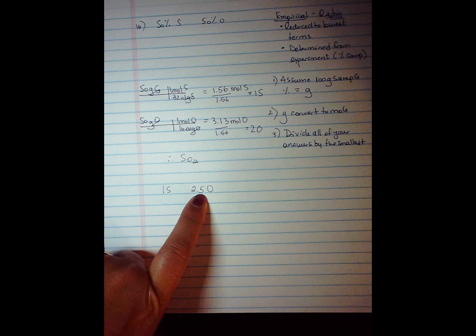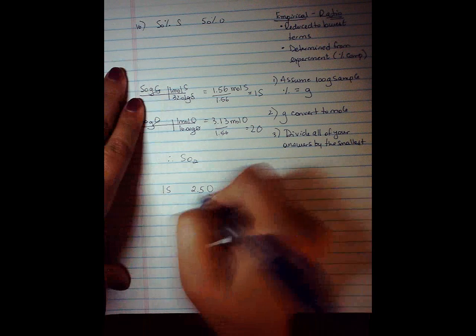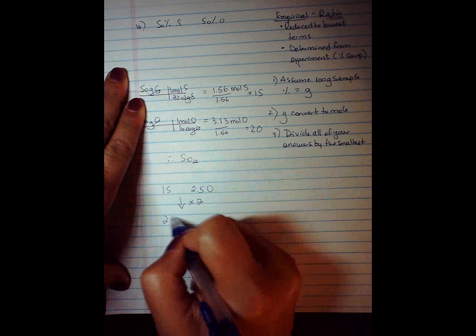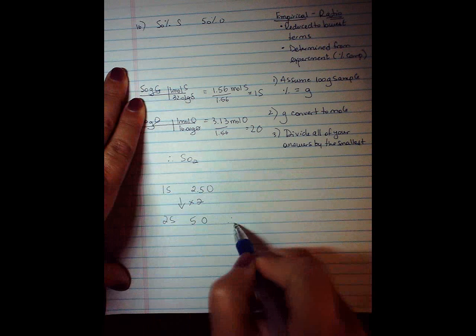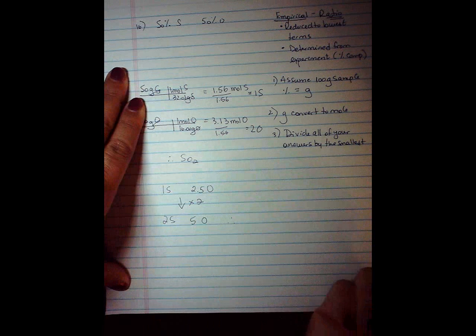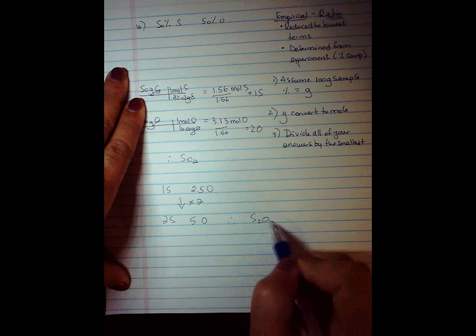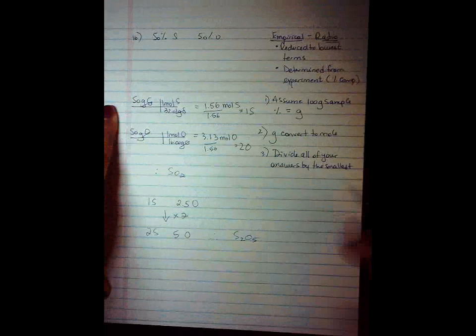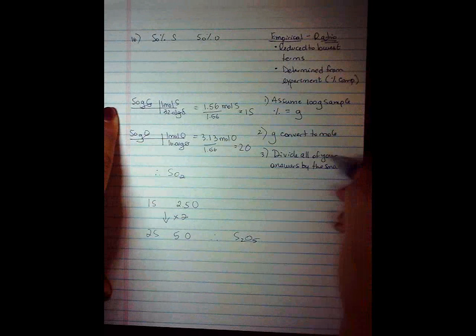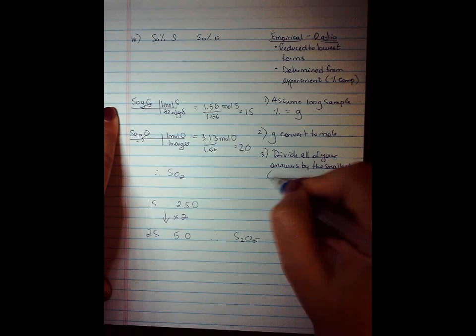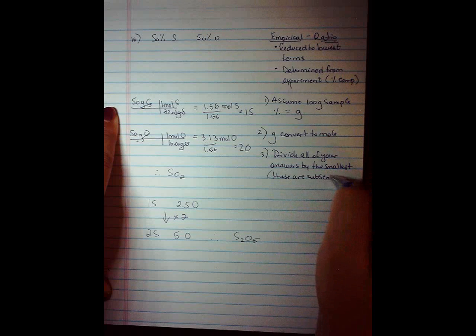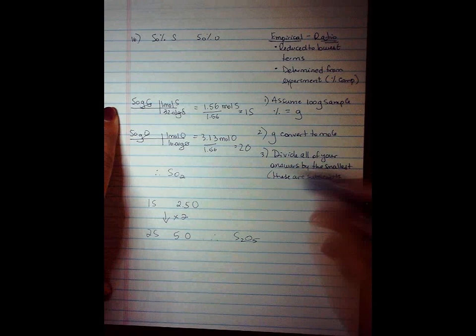What would you multiply 2.5 by? 2. So I would multiply both values by 2. So this would be 2 S and 5 O, and the formula would be S2O5. Now this doesn't really exist; it's just an example of how to do the math. So after you divide all your answers by the smallest, these are your subscripts, provided they're integers.